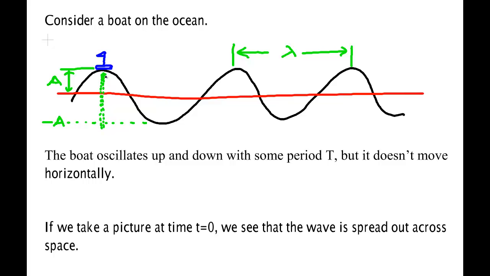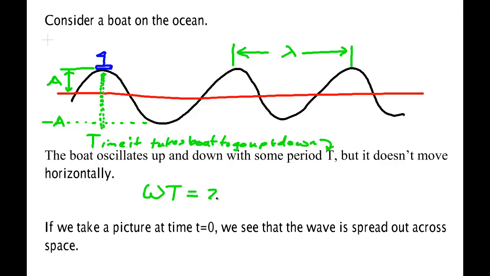The time it takes to go up and down, if I was to use a stopwatch and watch only the boat, not the sideways motion, is called the period, T. And we still have that the angular frequency times the period is 2 pi. It's just a harmonic oscillator.